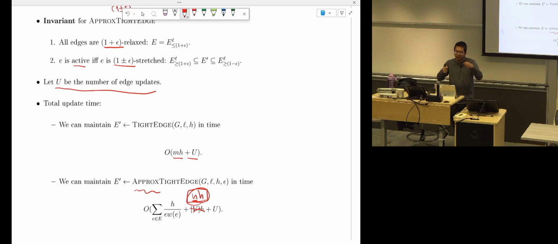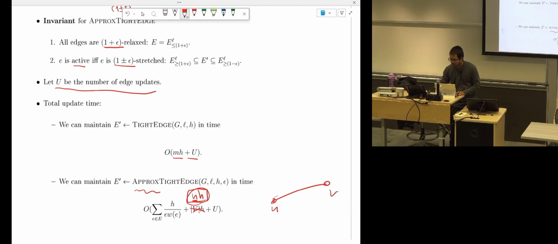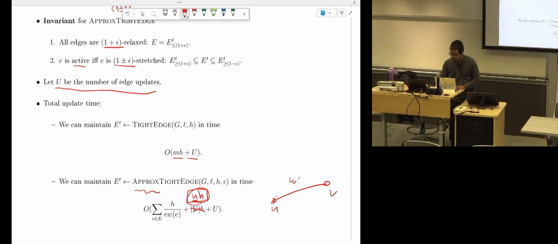That is, for every edge UV, if the weight is WE, then we're going to probe this edge, to check if it should be active or not, only once in a while.